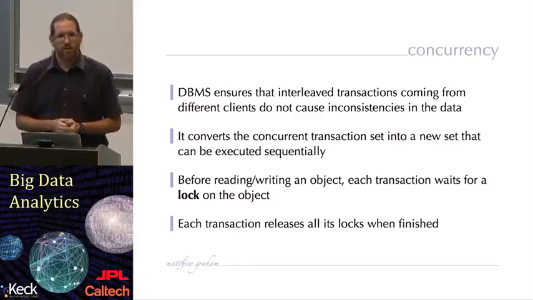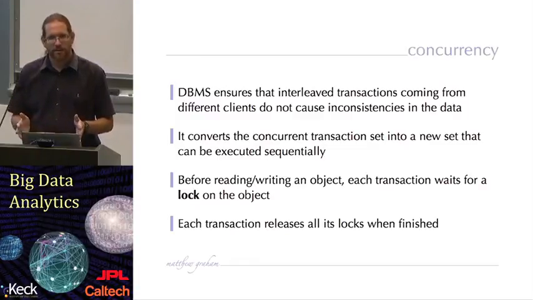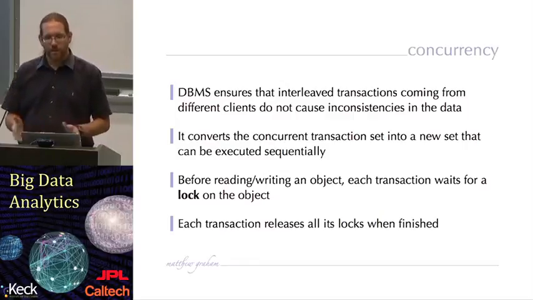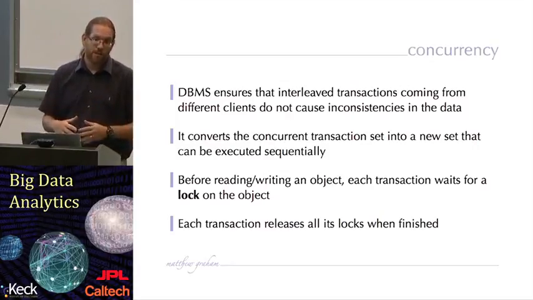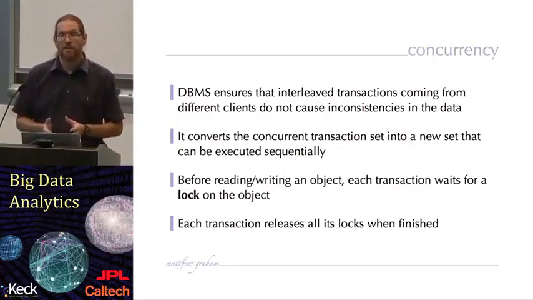What it will do is the DBMS will analyze the transaction set that is currently being considered, and it will convert that into a new set that can be executed sequentially. Again, this is something that you don't need to do yourself. It is a benefit of the relational database system that you're using.